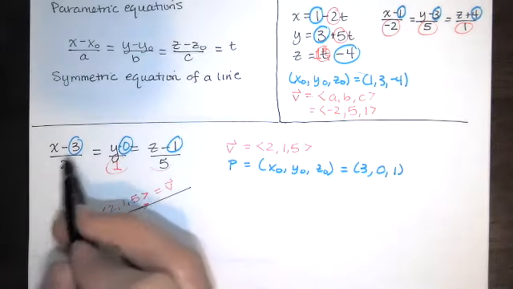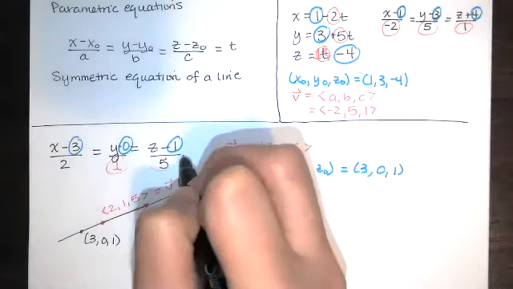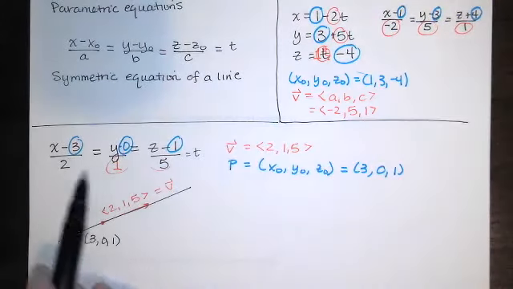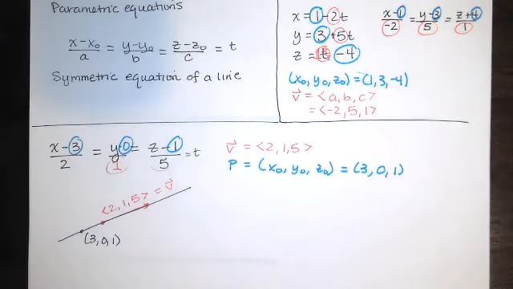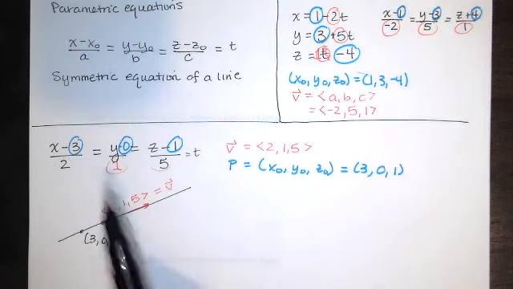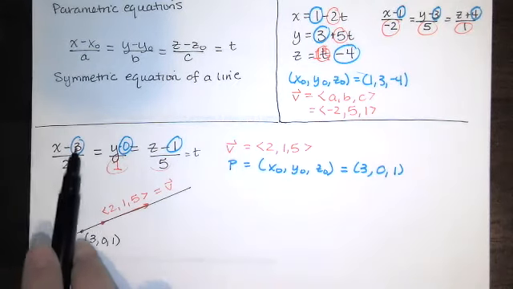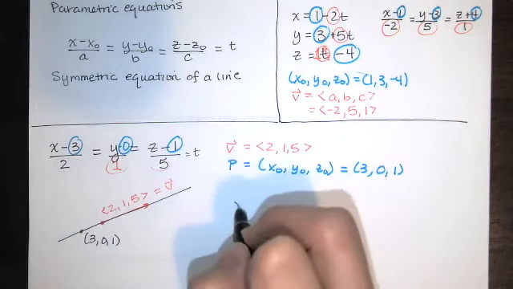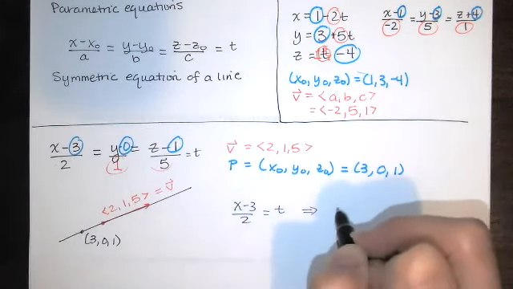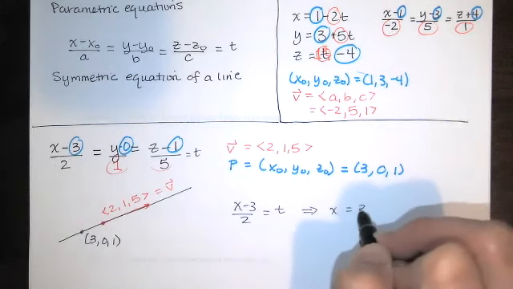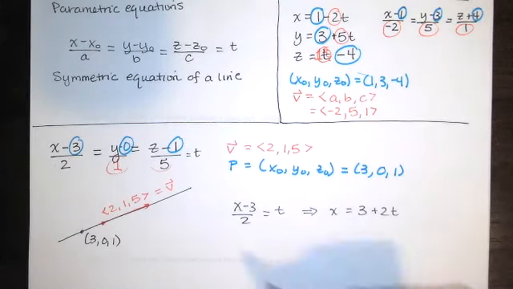And then if I want to get the parametric equations of this line, I set each of these expressions equal to t and just solve for x, y, and z. So if I have x minus 3 over 2 equals t, multiply both sides by 2, add 3 to both sides, and you get that.